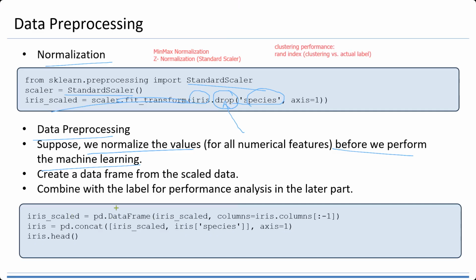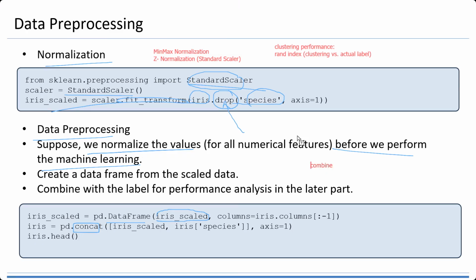So after we do the transformation into the standard scaler, let me put it again into a data frame, and then let me concat. Do you still remember concat? This is to combine.